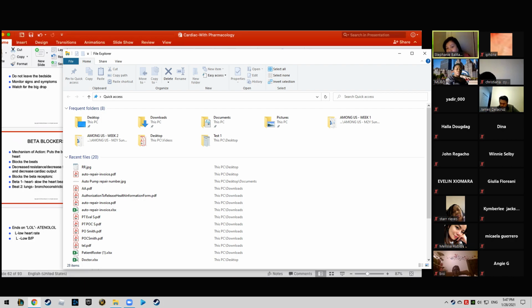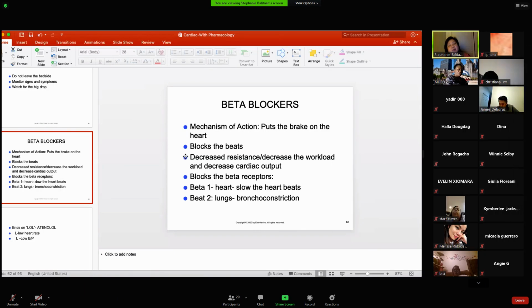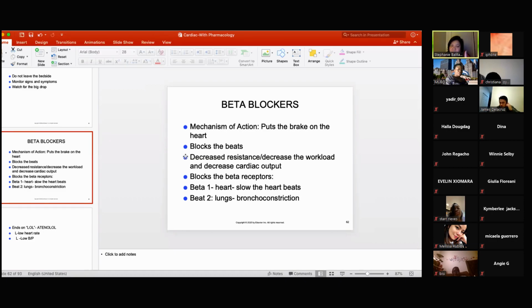They're blocking that because they want to put a brake on, they want to lower the heart rate. By lowering the heart rate, they're lowering the workload of the heart. So they block beta receptor 1. With beta receptor 1, they have achieved what they're there for, which is to lower the heart rate, lower the workload of the heart, and lower the blood pressure that way.